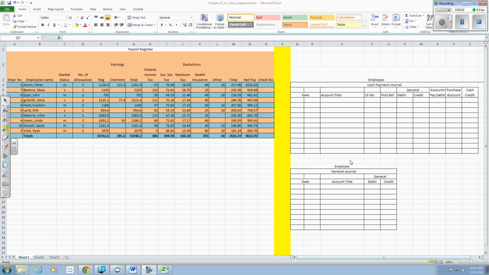So we have to record the salary expense and all of the deductions: federal, Social Security, Medicare, health. There are some other taxes along the way as well. And then with the employer, remember we talked about that last chapter, we have to record Social Security, Medicare, and the two unemployment taxes, and we'll come back to that in just a couple minutes.